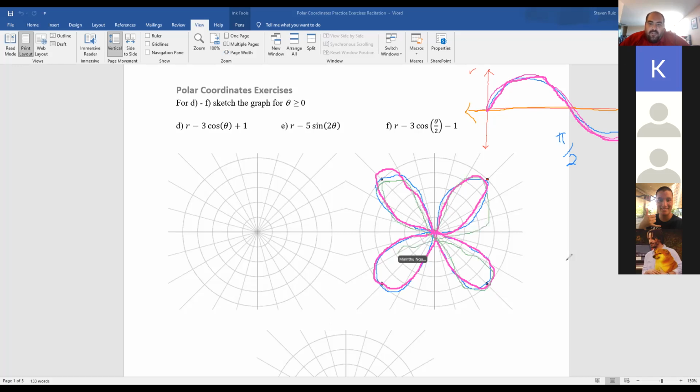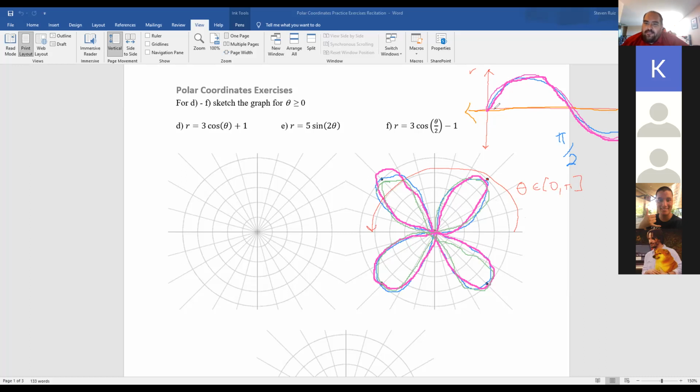It all depends on what the argument is of the curve you're trying to make. I believe, and maybe you all have convinced yourselves of this, that if you were to just graph this portion of the curve, you're only going to get 2 of these petals. That's because theta is in the interval 0 to pi, but that doesn't graph the full behavior.